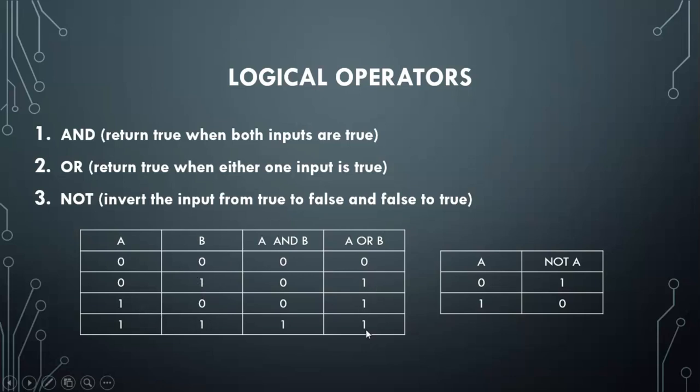So in all other examples, A or B is 1. Similarly, NOT operator inverts the input from true to false and false to true. In this example, if A is 0, then NOT A will return 1, and if A is 1, then NOT A will become 0.